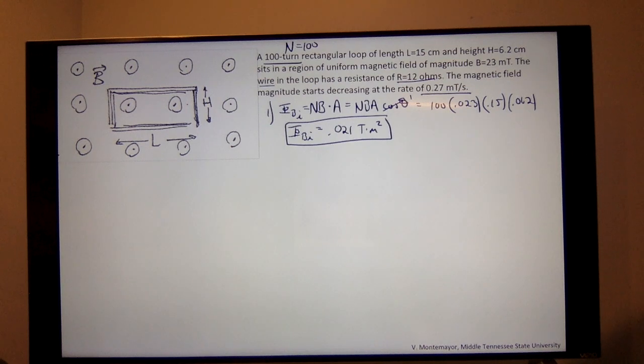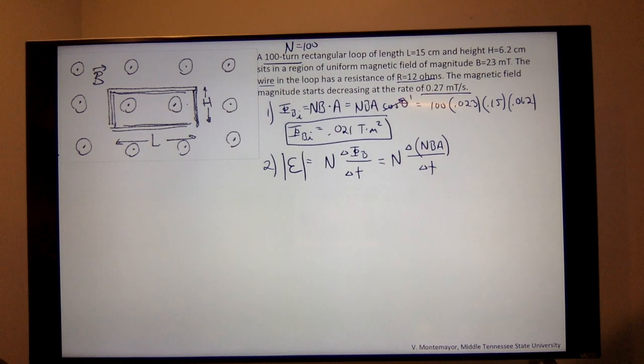We can also find the induced voltage using Faraday's law. So if I just want to find the magnitude of the induced voltage, then it's going to be N times the rate of change of magnetic flux, like so, which we could rewrite as N times delta, and we already know this is going to be NBA, because cosine of theta is going to give me 1, over delta t.